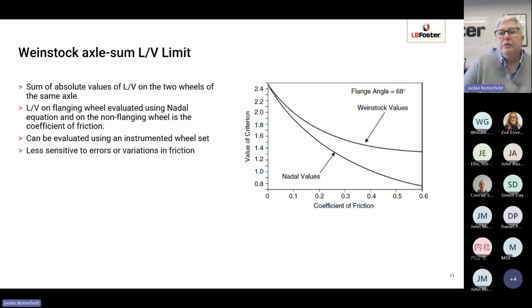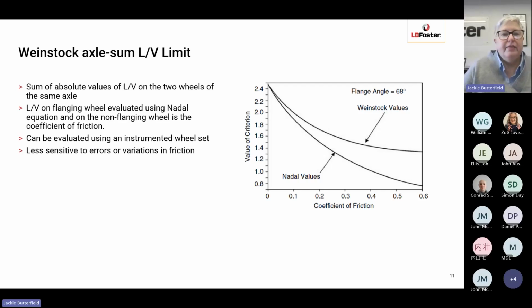Following on from Nadal's work, in 1984, Weinstock proposed a much less conservative but more accurate wheel flange climb criterion. And this sums the absolute values of L/V on the two wheels on the same axle. So the L/V ratio on the flanging wheel is evaluated using Nadal's equation, and on the non-flanging wheel, it's generally represented by the friction coefficient of the wheel-rail interface.